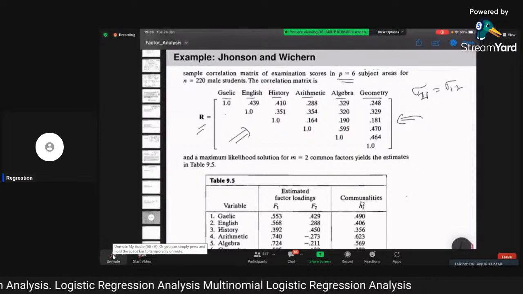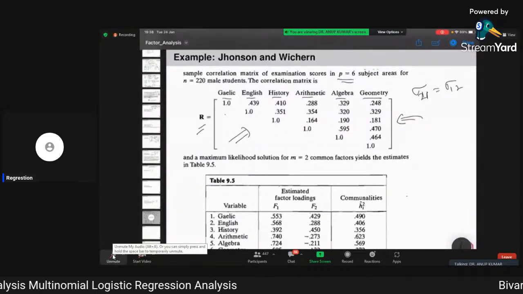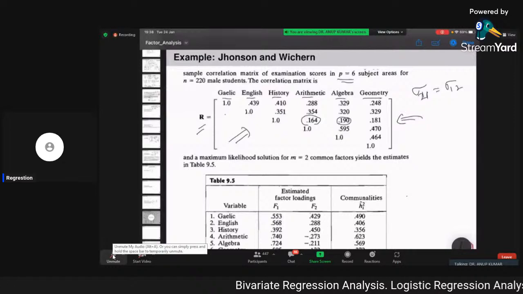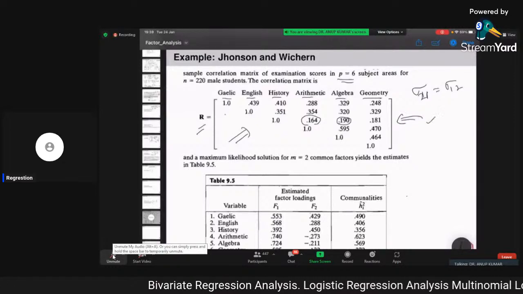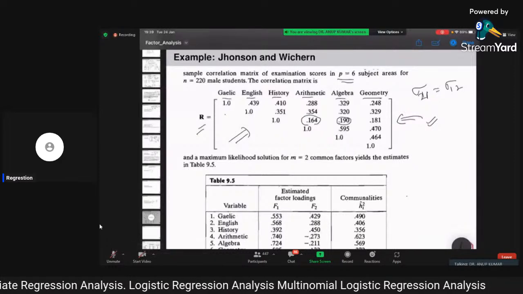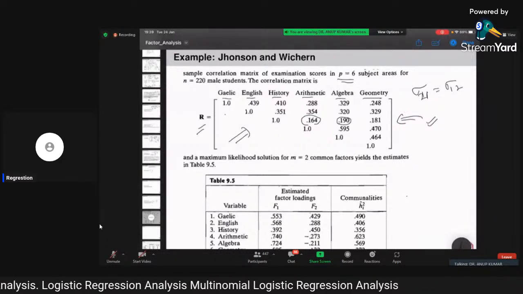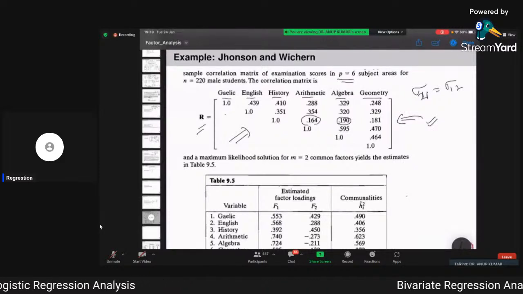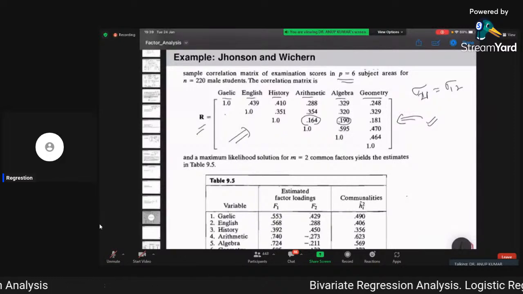A few of them are not, but most of them are. So this is good data with which we can proceed for factor analysis. But if all these observations are very close to 0, or all are less than 0.3, then we should not proceed for factor analysis.